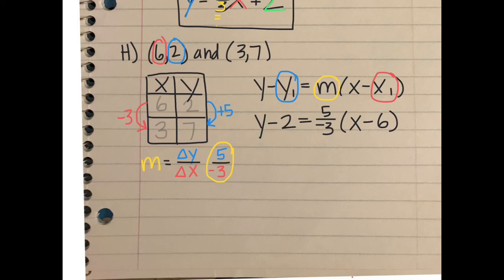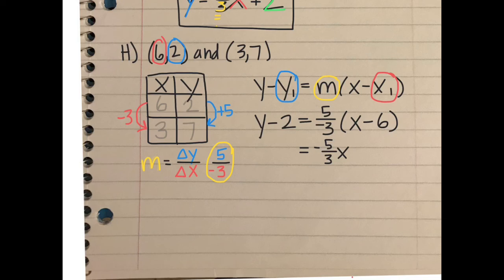That's really easy. Negative 5 thirds times x is negative 5 thirds x. Doesn't really matter where you put the negative as long as you make sure there's a negative in this one, there's a negative in this one as well. Now I need to do negative 5 thirds times negative 6. That minus kind of makes that a negative.